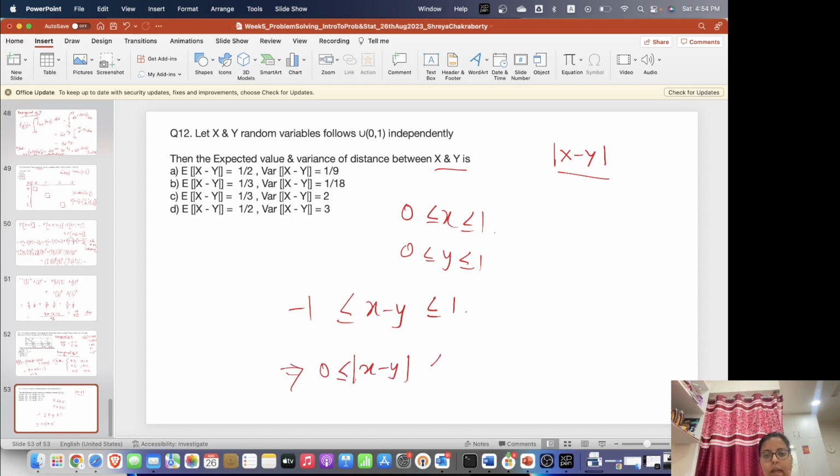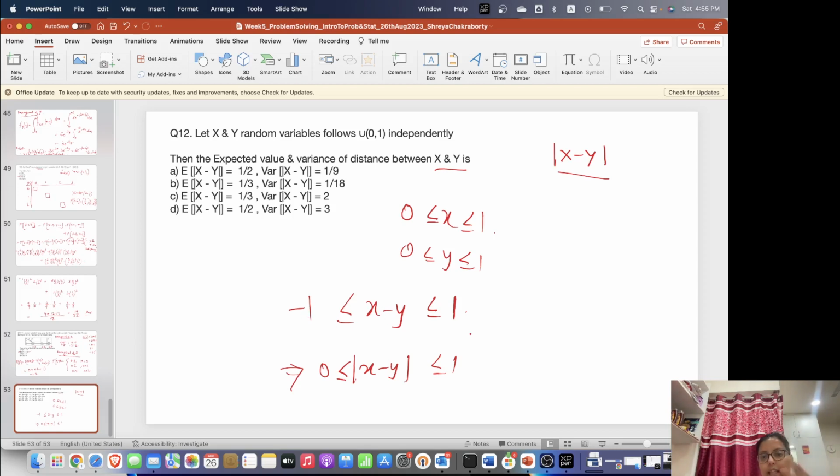Therefore, mod of x minus y. How did we get this? So let's say x is 1 and y is 0. So then x minus y maximum will be 1. It can never cross 1. Okay. Now if you take the reverse thing, x is 0 and y is 1, then x minus y will be minus 1.